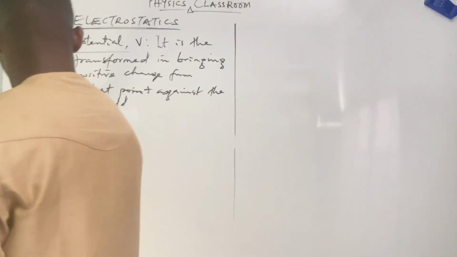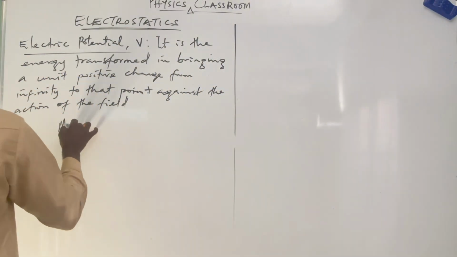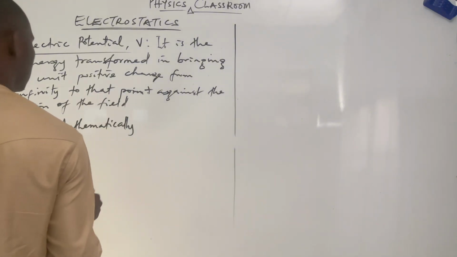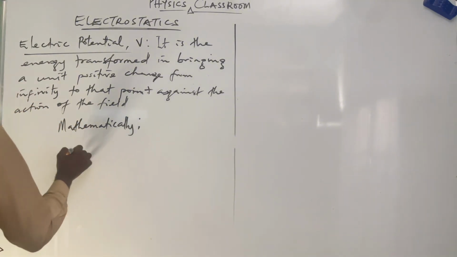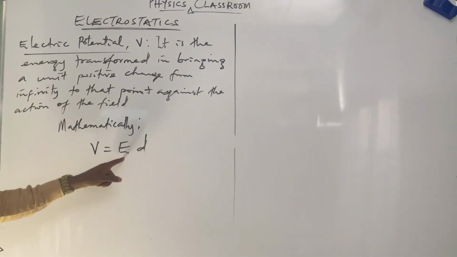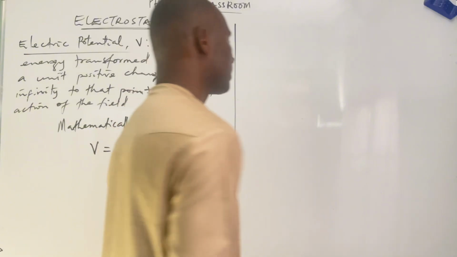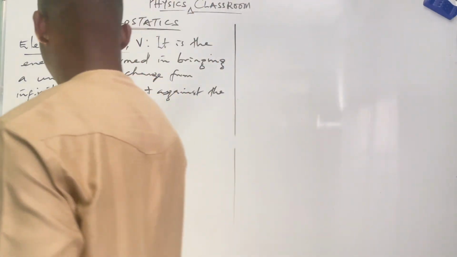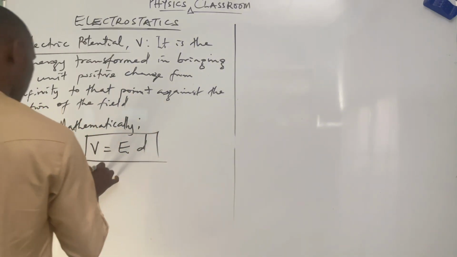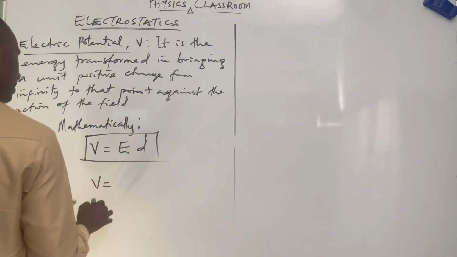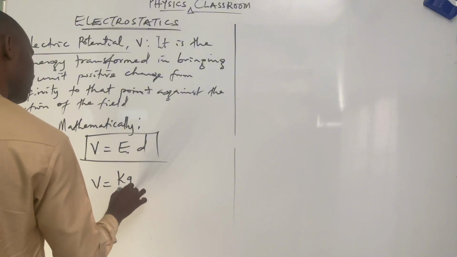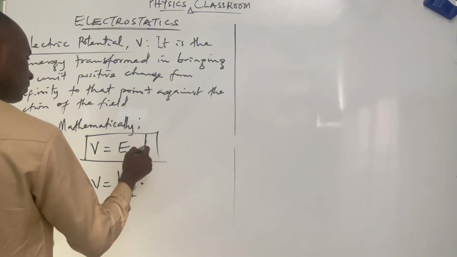And mathematically, V is said to be equal to electric field strength times distance. This is the first formula. Then from the above, we can say V is equal to E times D, and what is E? E is KQ over R squared. Then this D could be substituted.